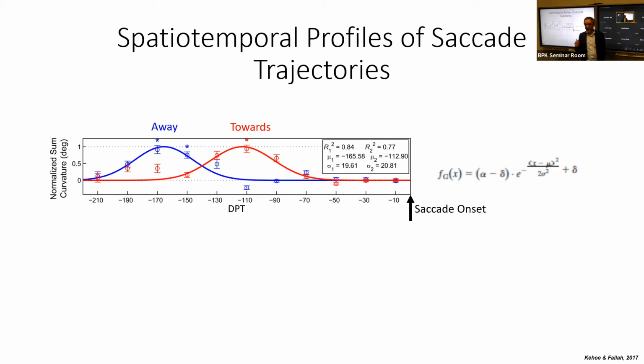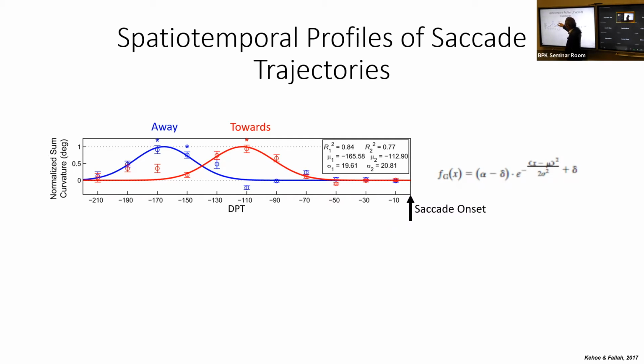So we have thousands of trials per participant and multiple participants to be able to give us enough data that we can then fit it with a Gaussian for each of these, whether the curvature was towards or away from the distractor. So we're getting what's called chronometric modeling of the curvature response based on the timing of the distractor versus the saccade onset. What comes out of this is something really nice.